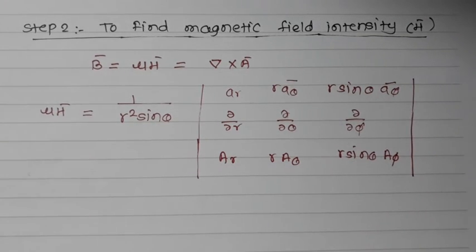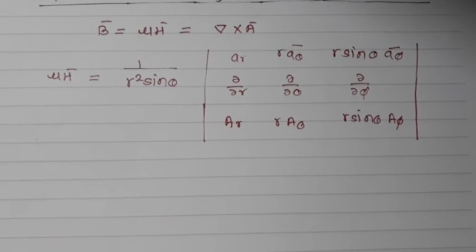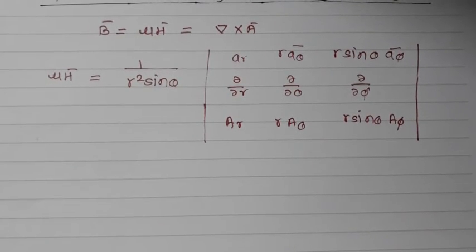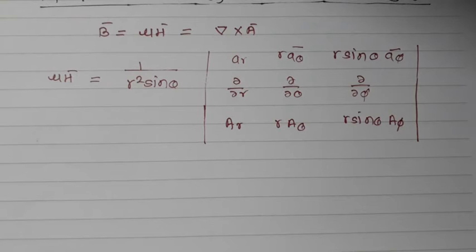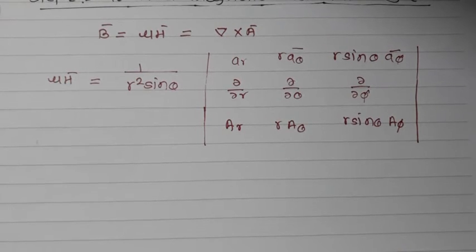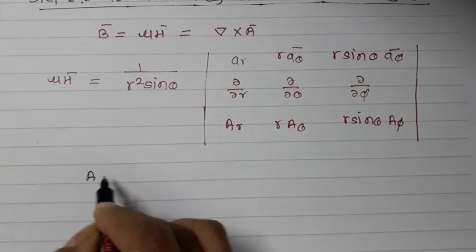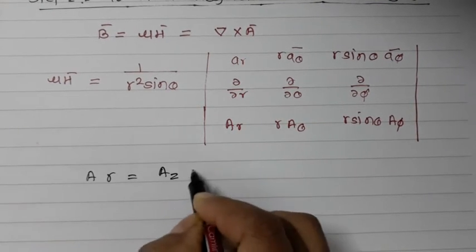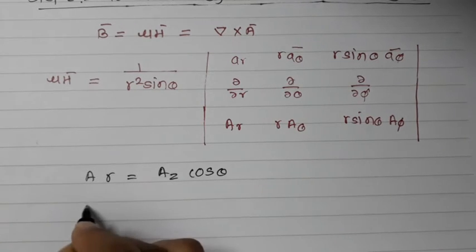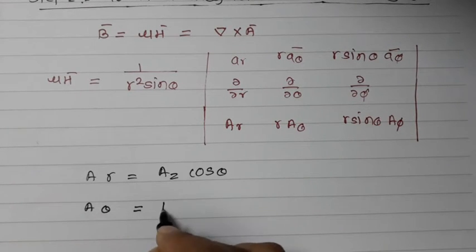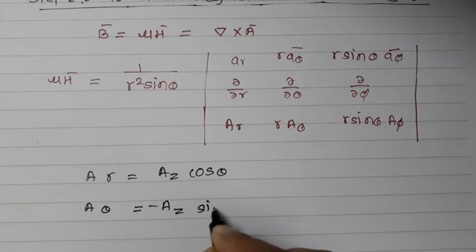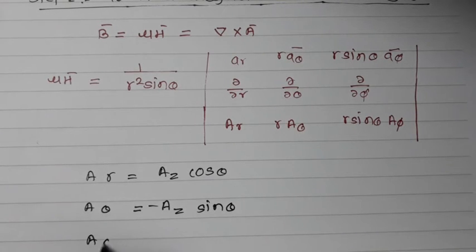Now let us solve this particular equation further to get the magnetic field intensity. So here, using the AZ component, we can obtain AR, A theta, A phi. These relations are similar to the infinitesimal dipole, so you can say AR is equal to AZ cos theta, A theta is equal to minus AZ sine theta, and A phi is equal to 0.